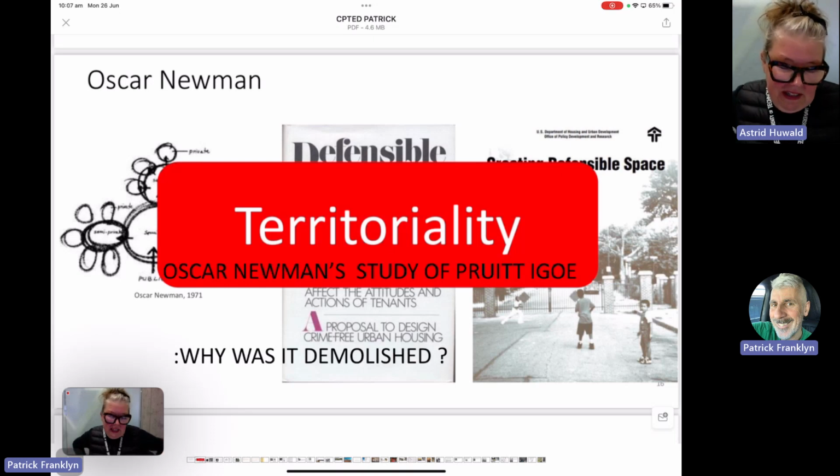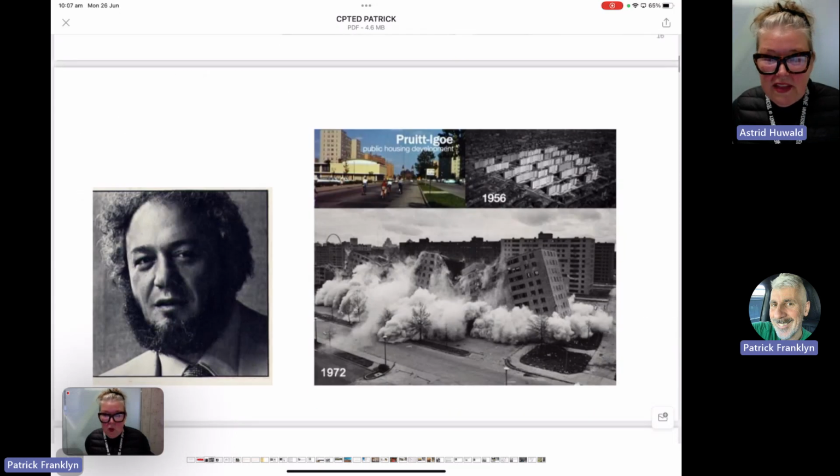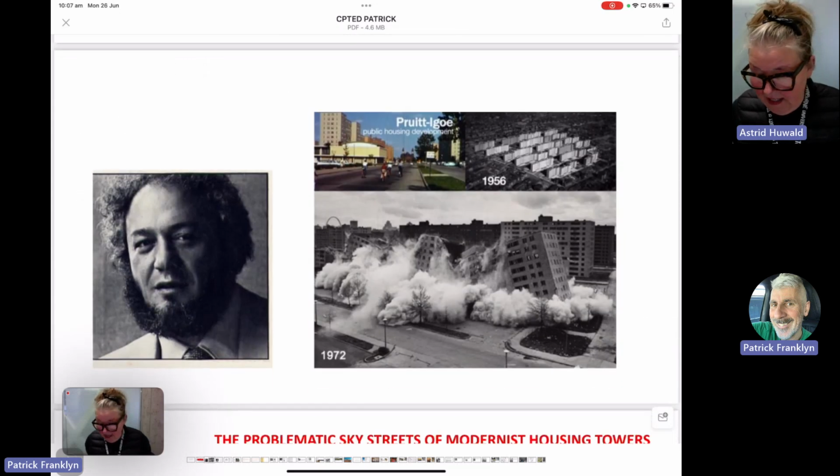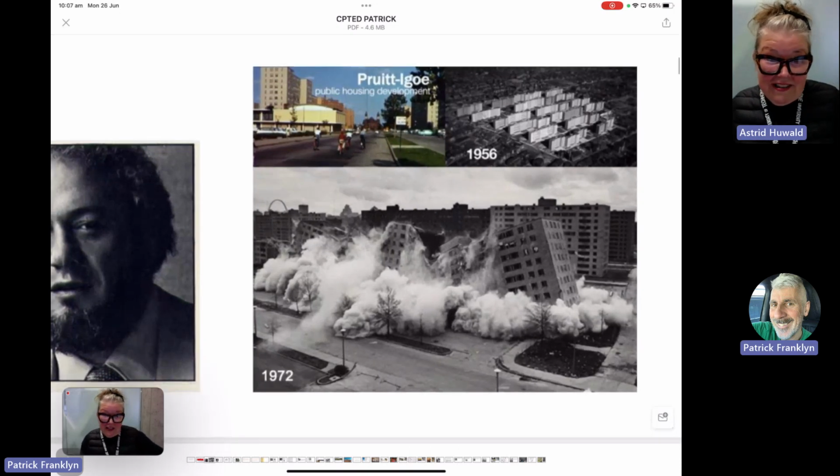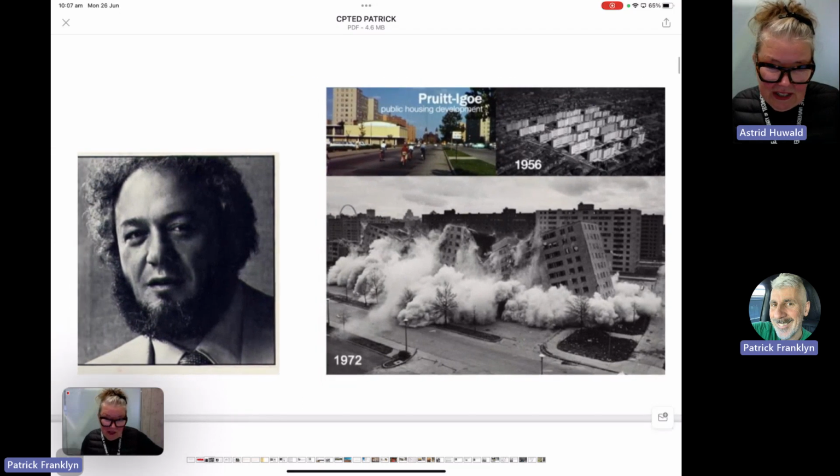A lot of CPTED theory came out of the 1970s, when there was a backlash to orthodox modernism. When Pruitt-Igoe, that bunch of buildings, was demolished, that was a lot of money to be demolished. People say that was actually the death knell of modernism.